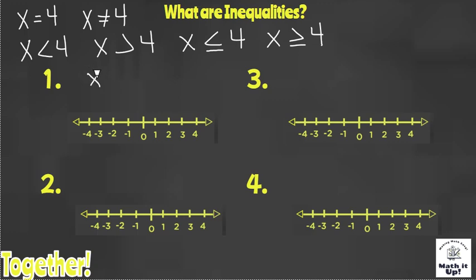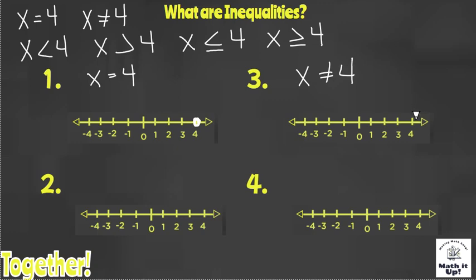So x is equal to 4 is quite an easy one because we simply would graph that 4. That's it. X is equal to 4. The graph shows what x is, and x is equal to 4. X is not equal to 4. Now we're going to use not a solid dot, but we're going to use a ring.